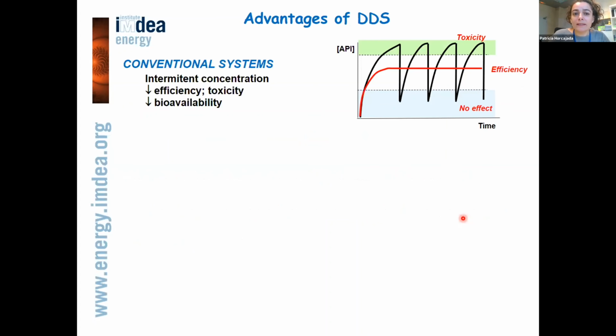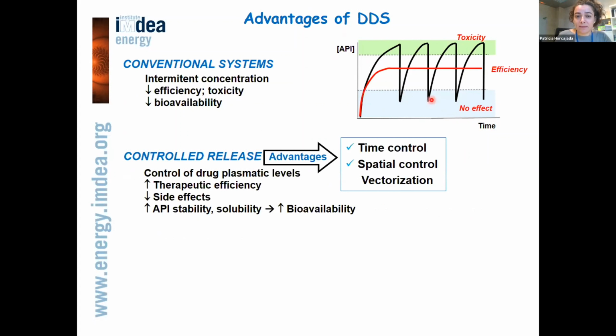Well, what are the advantages of drug delivery systems? Conventional systems present the active ingredient concentration versus time with this kind of peaks and valleys, corresponding to either toxicity phenomena or absence of effect. In contrast, the controlled release system presents a much better control of the plasmatic level, leading to higher therapeutic efficiencies and lower side effects.